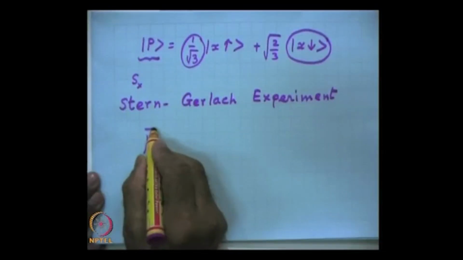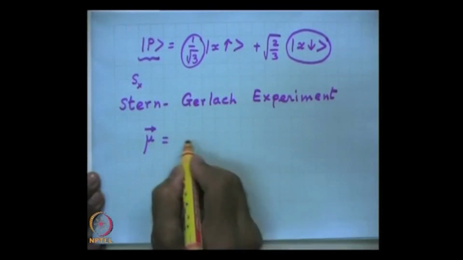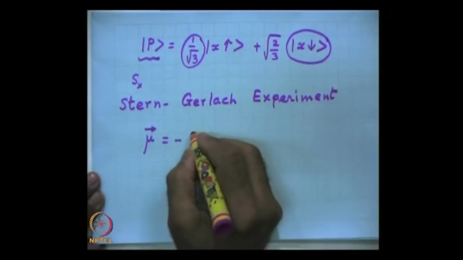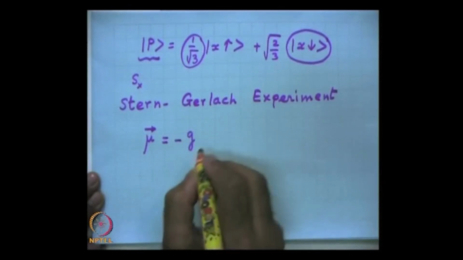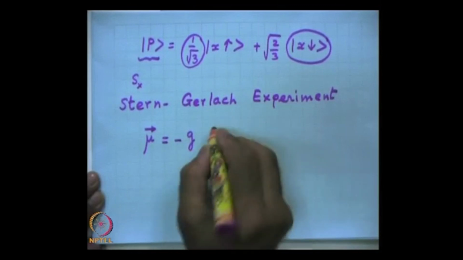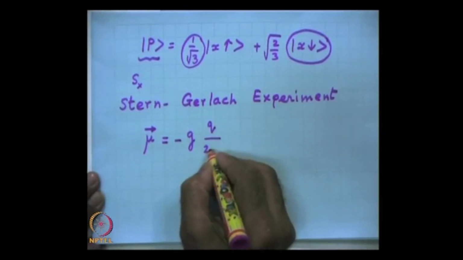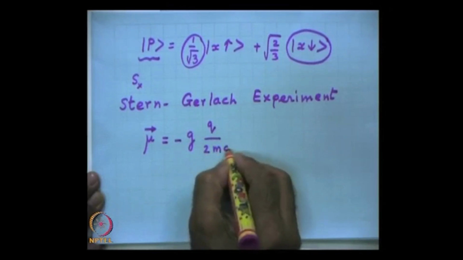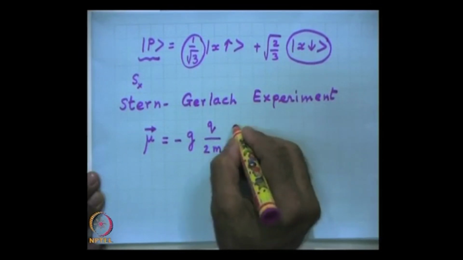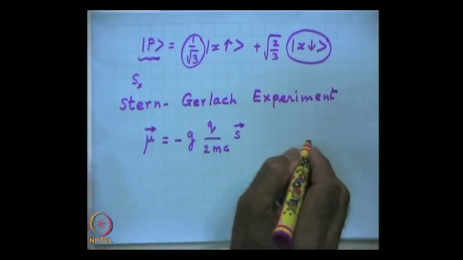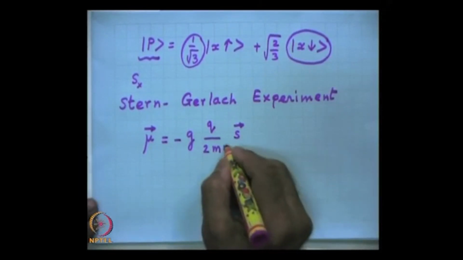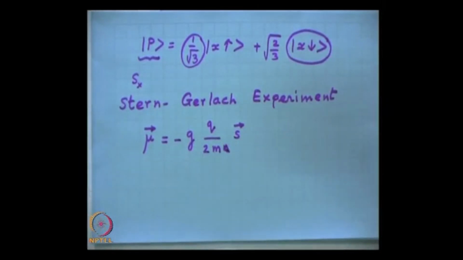This magnetic moment of the electron is given by minus g, which is known as the Landé g factor, q by 2 m s vector. Sorry, there is no c here in the MKS system of units.